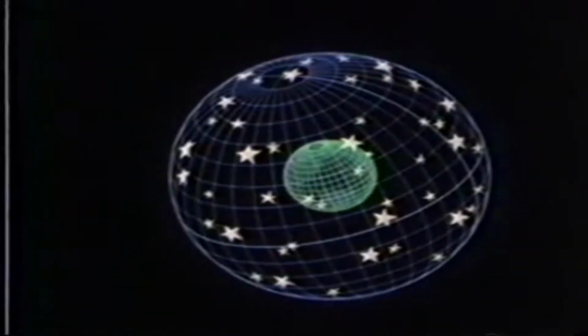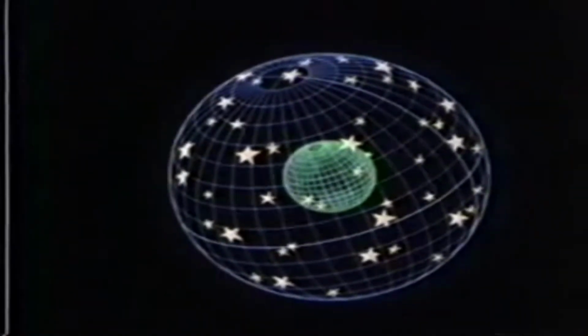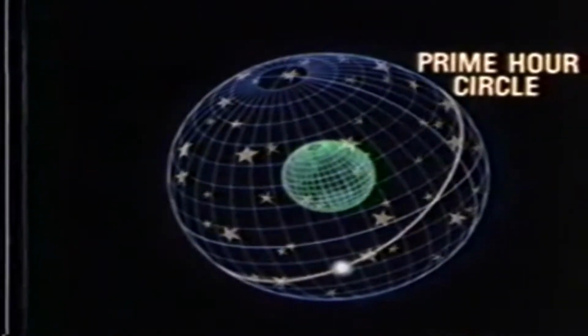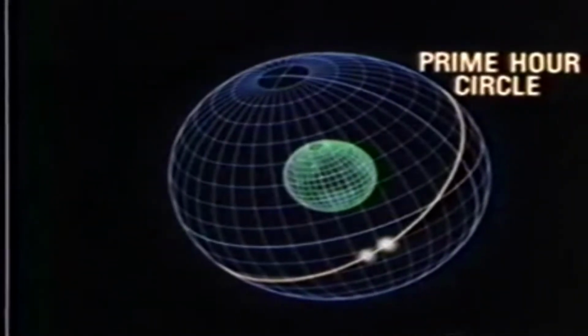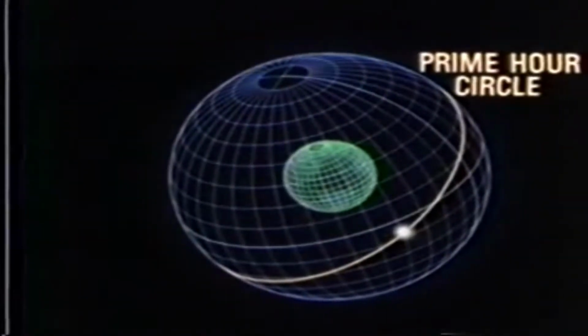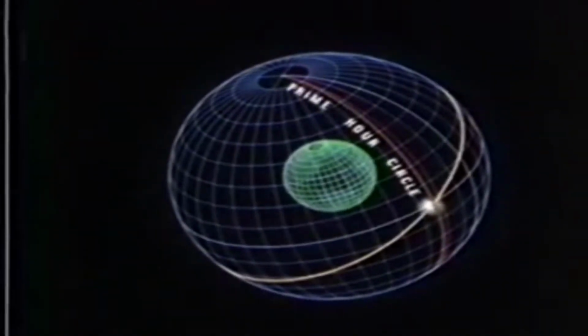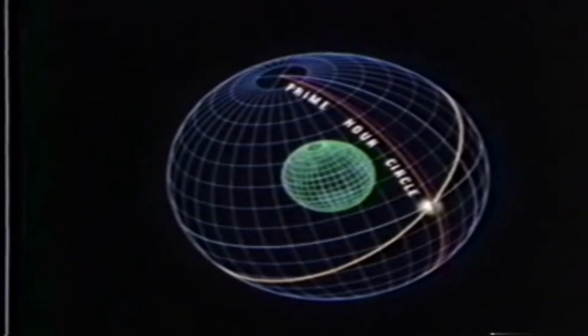But when stars are used for navigational purposes, another reference must be used to determine their position. It is the prime hour circle, the hour circle of the sun at the intersection of its elliptical path and the celestial equator as the sun transits from south to north declination. This is the vernal equinox, the first day of spring.